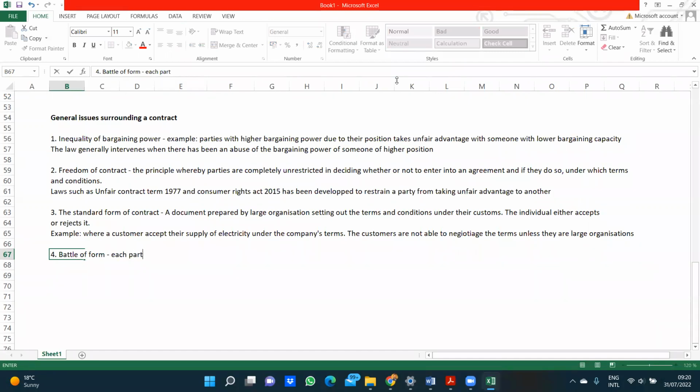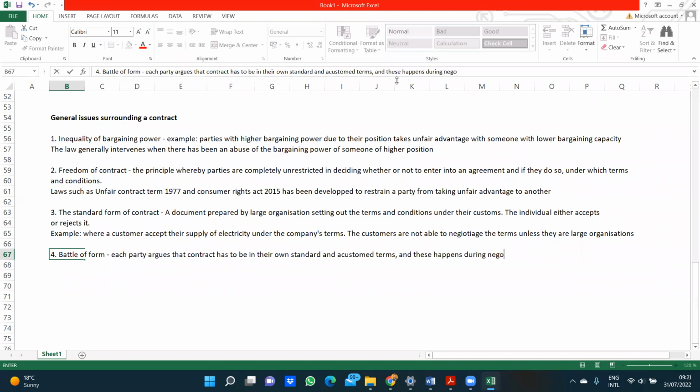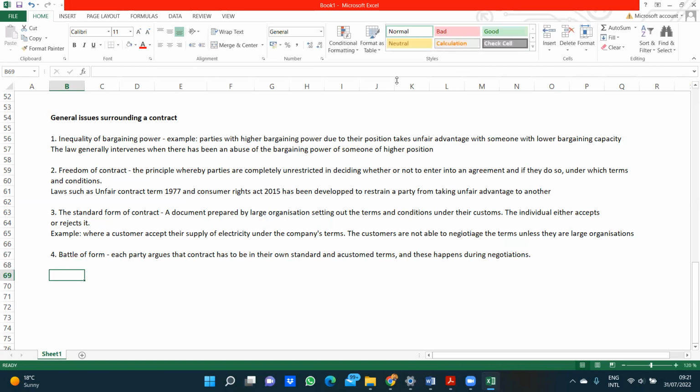Simple, each party argues that the contract has to be under their own standard and accustomed terms, and this happens during negotiations. Okay, so this is all about the general issues surrounding standard form of contract.